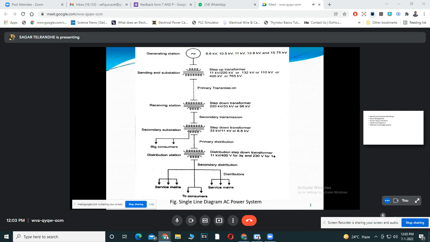Here we have a single line diagram of an AC power system. We have represented our complete electrical power system in a single line on a single page. The first thing we have here is a generating station, which is represented by a sinusoidal wave in a circular symbol. The voltage levels at the generating station vary from 6.6 kV to 15.75 kV.